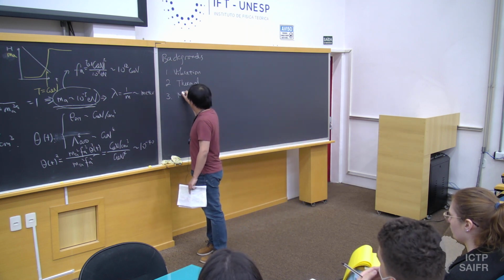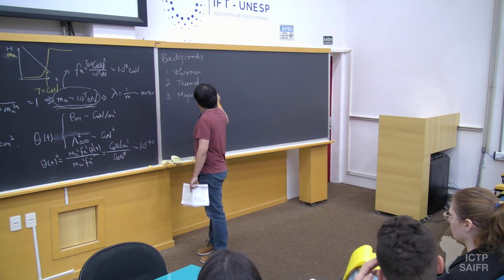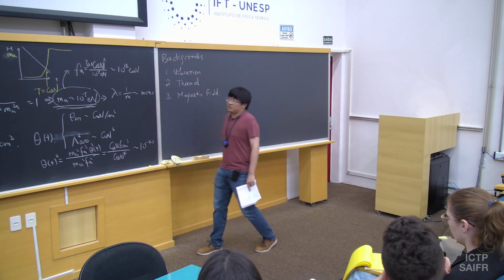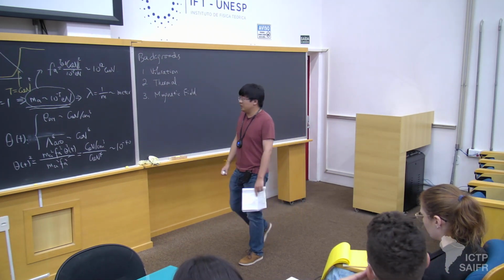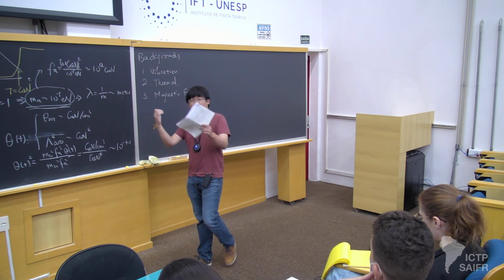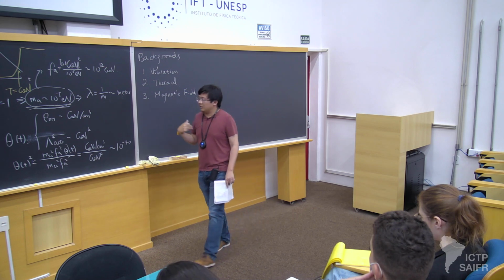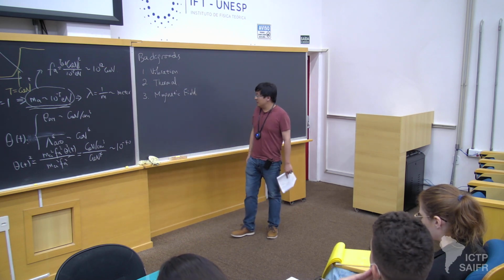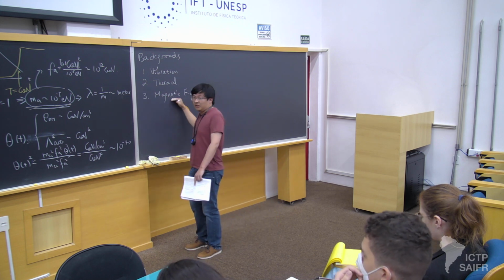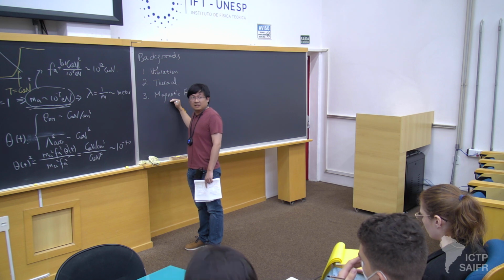There is magnetic field noise. As we'll see tomorrow, if you are looking for axions, we need to put in a giant constant magnetic field. But what it does, apart from providing a background where the axion can convert to a photon, is that the magnetic field itself is made of photons.